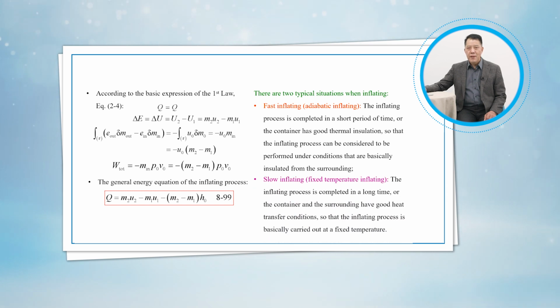The second one is slow inflating. The inflating process is completed in a long time, or the container and the surroundings have good heat transfer conditions, so that the inflating process is basically carried out at a fixed temperature.